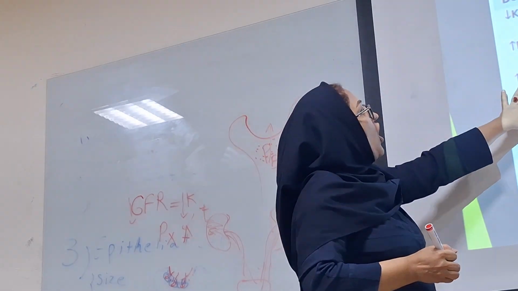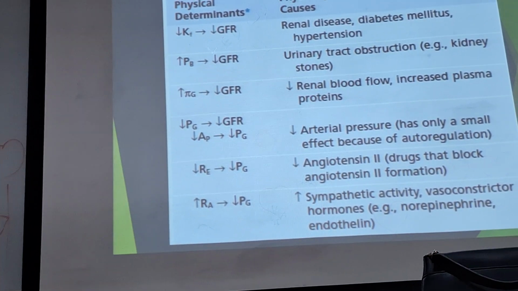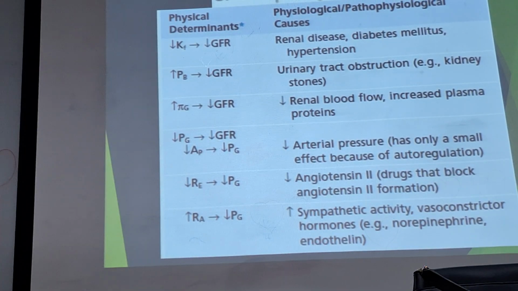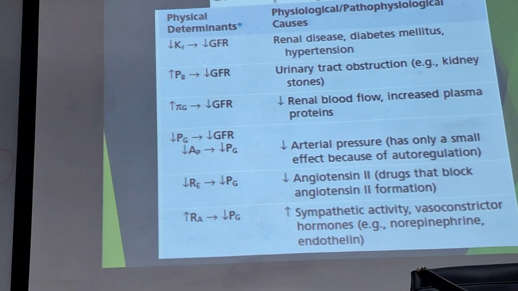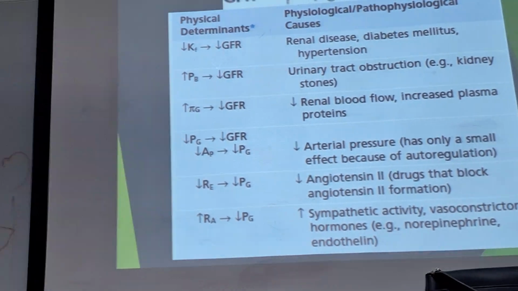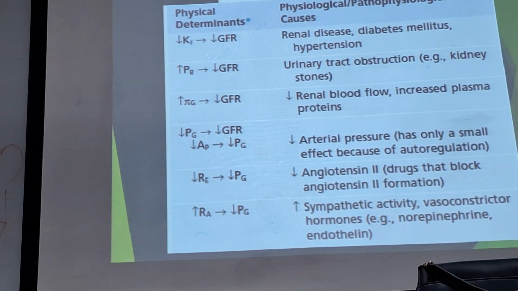The next one is pi G. When pi G increases, GFR decreases.